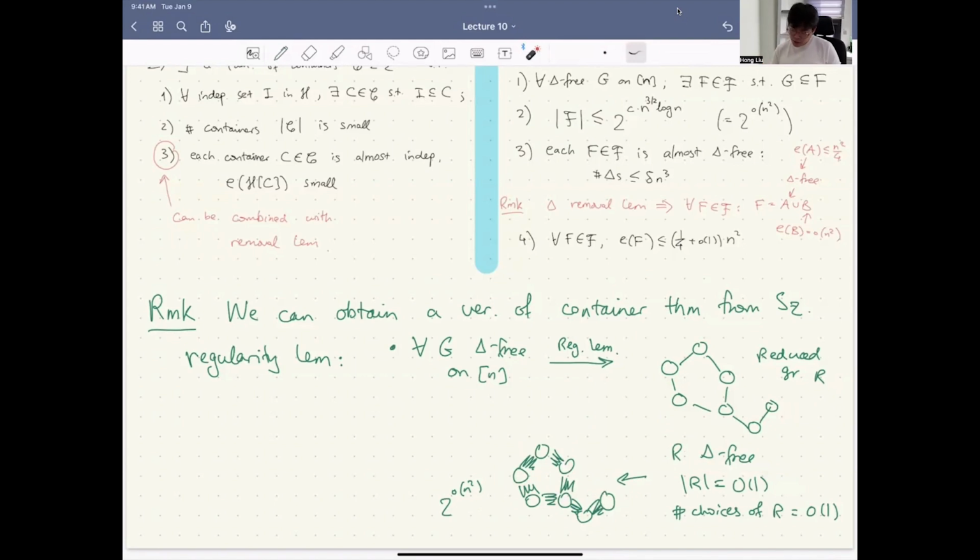Now we obtain this. This is not quite yet a container. This contains most of G. What are the edges in G that are not contained here? Those may be between sparse pairs, and those may be between irregular pairs.